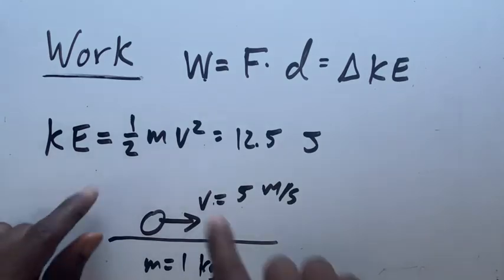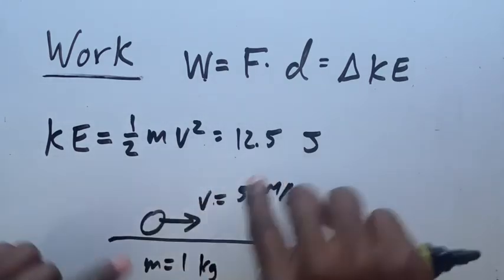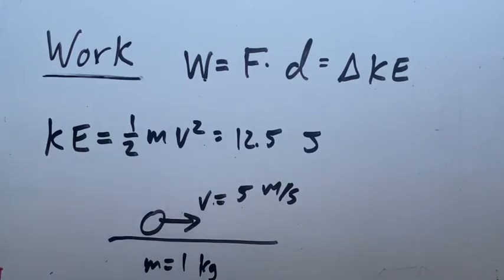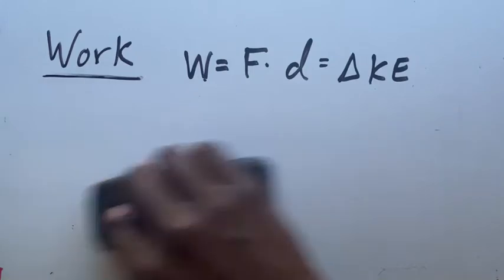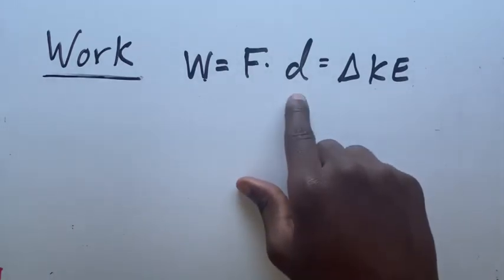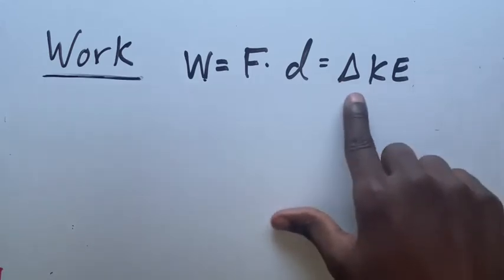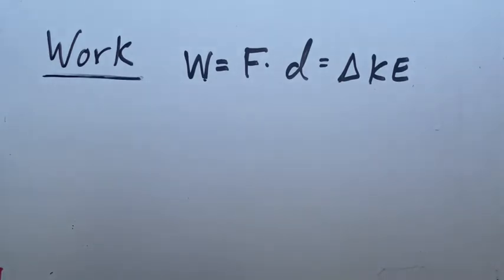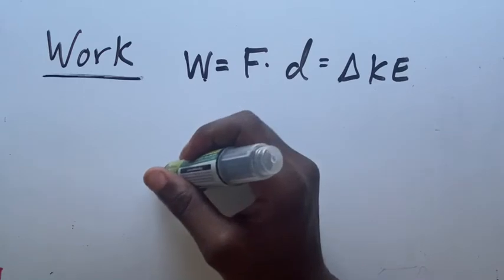Cool. And so that's basically kinetic energy. I'm going to talk a little bit more about that later, but I just want to show you here that work can be given by the force times the distance, and it can also be given by the change in kinetic energy. So for example, let's go to the box scenario again.